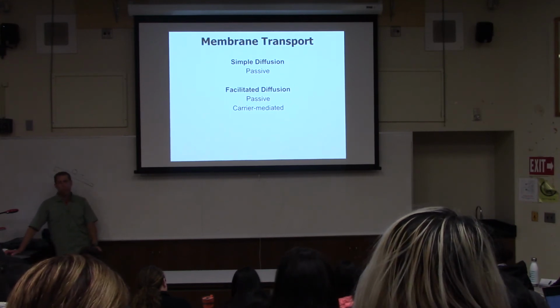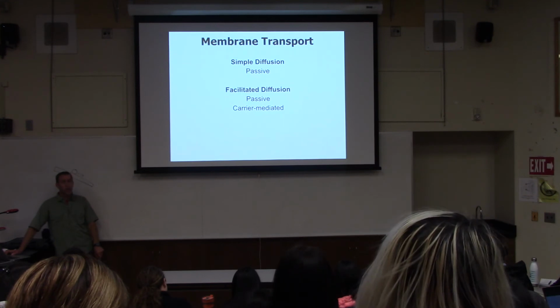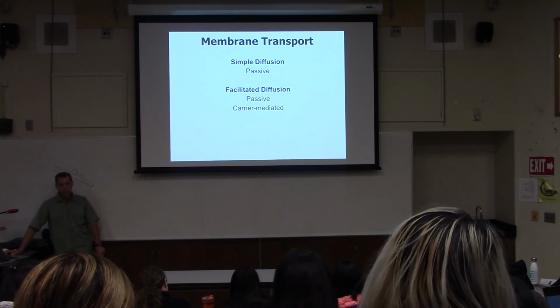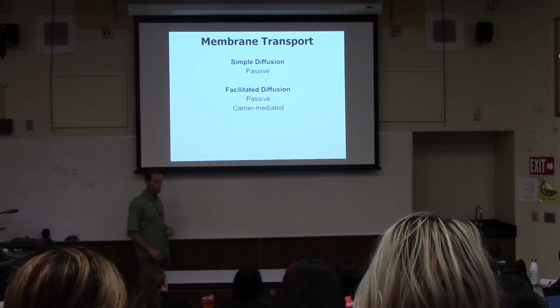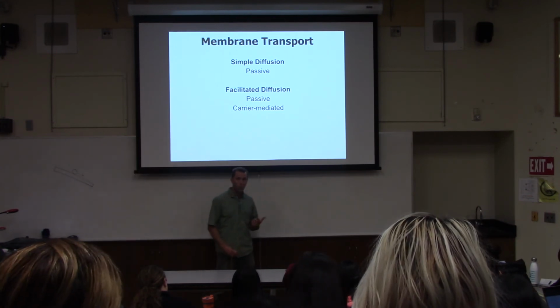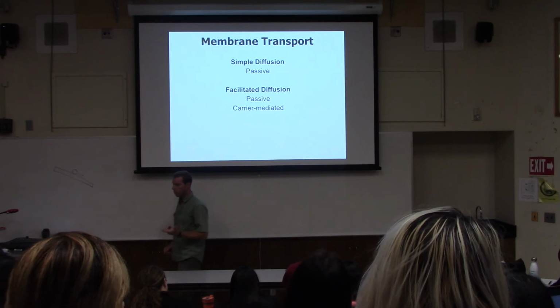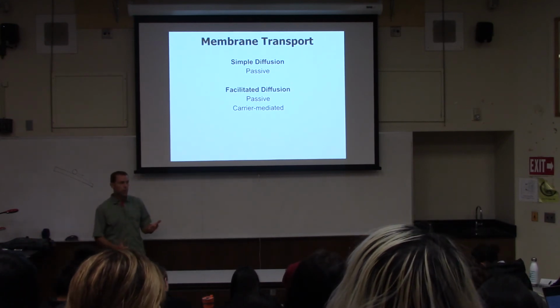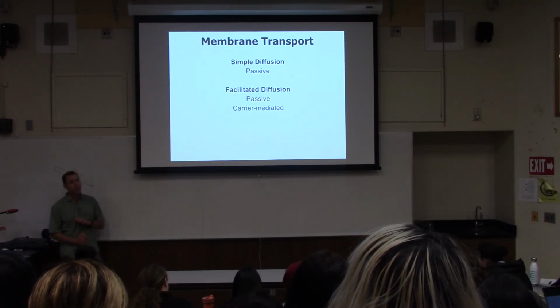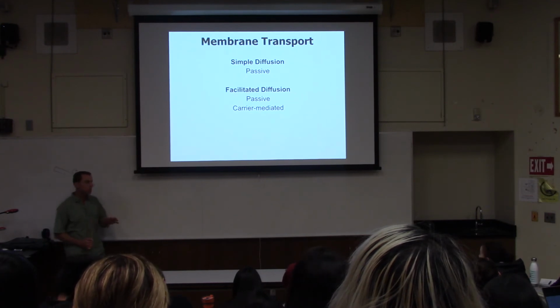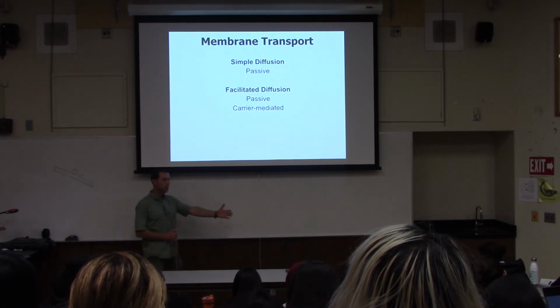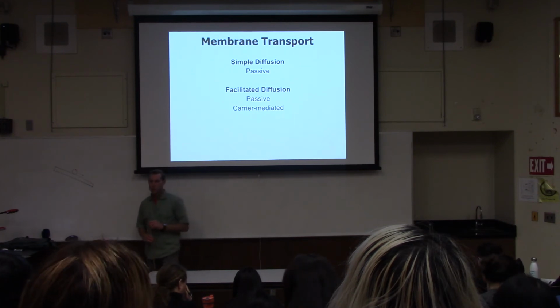Right? There's some protein in the cell membrane that provides a passageway to get through. So if the chemical is a little bit bigger, like say glucose, or if it's polar, like a sodium ion, it's going to have to go by facilitated diffusion, not simple diffusion. It's still passive, it's not going to cost us energy, it just needs a way to get through that cell membrane, a passageway.